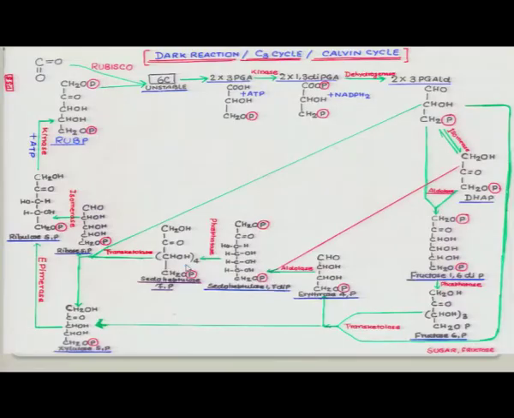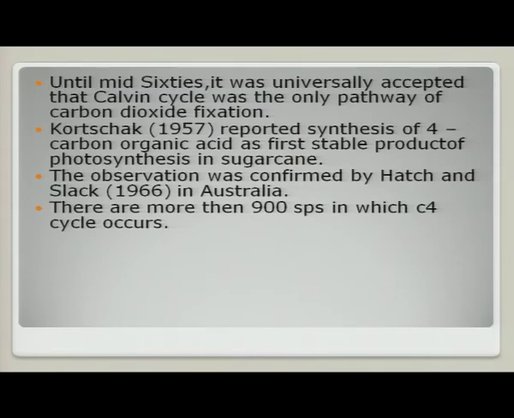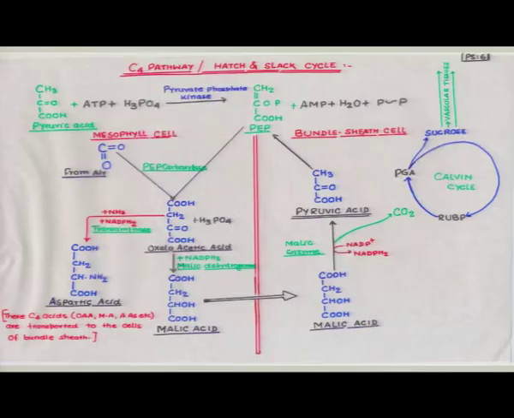Now, what happens in the C4 cycle? In C4 cycle both mesophyll cell and bundle sheath cell are involved. Here the RuBP has no role.